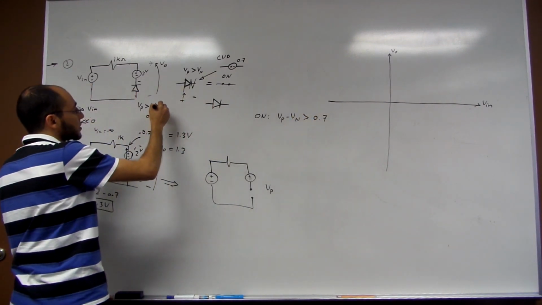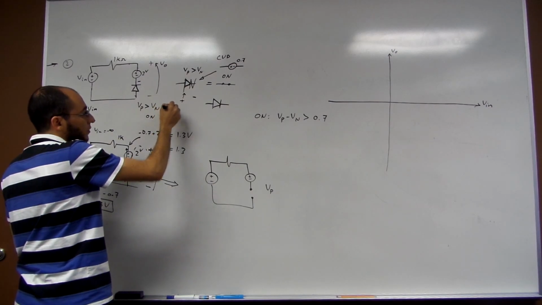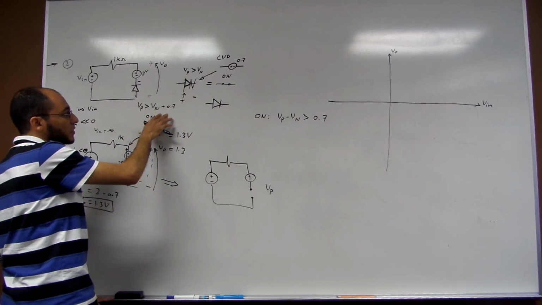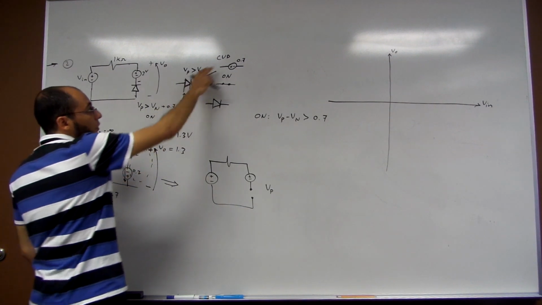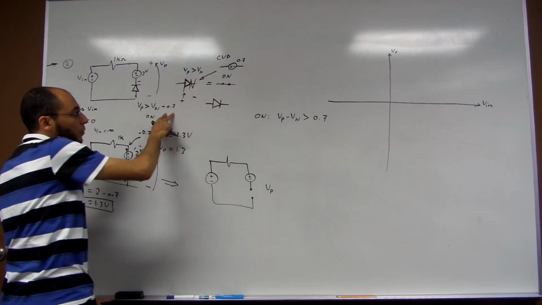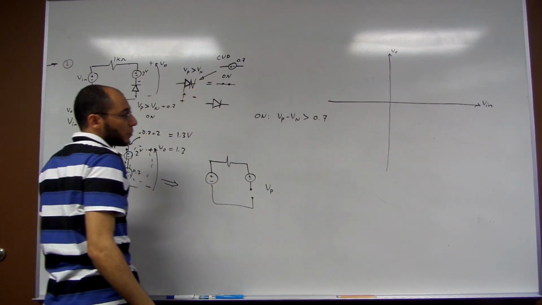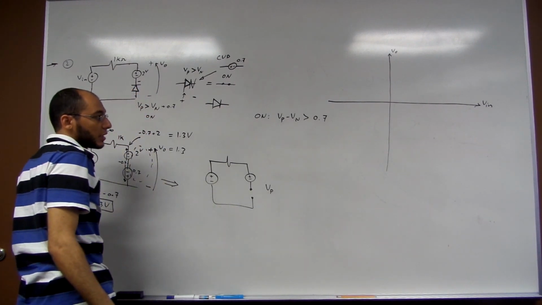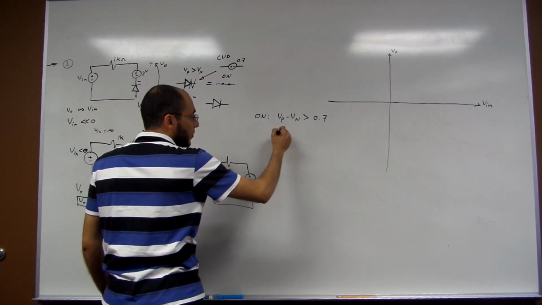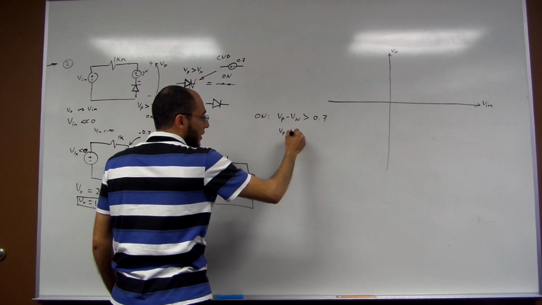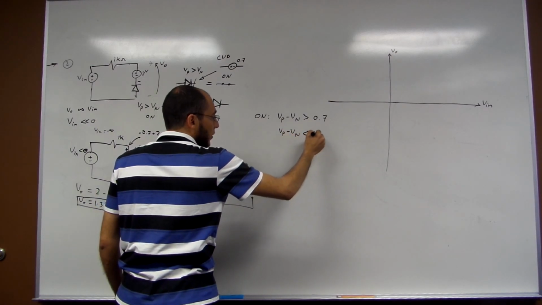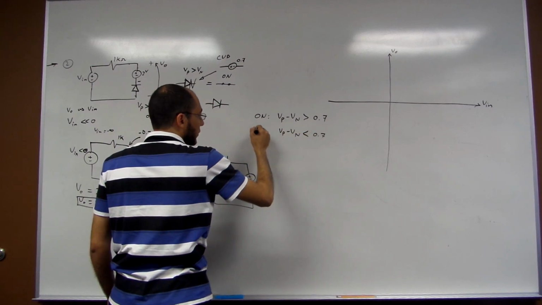So that's for the constant voltage drop model. If you do not have a constant voltage drop model, then this 0.7 becomes a 0, which is the ideal case. So when Vp minus Vn is smaller than 0.7, then it becomes off.